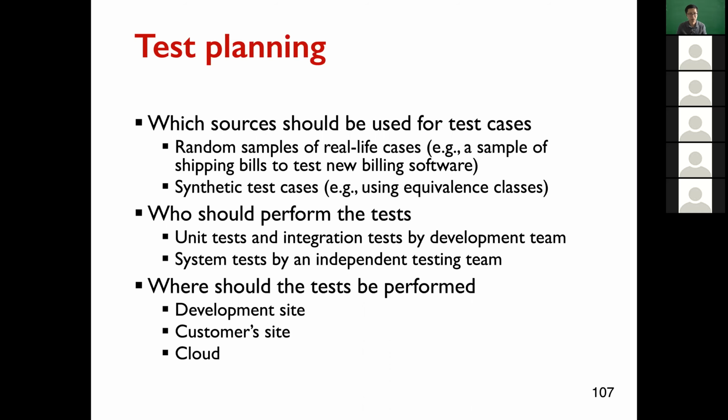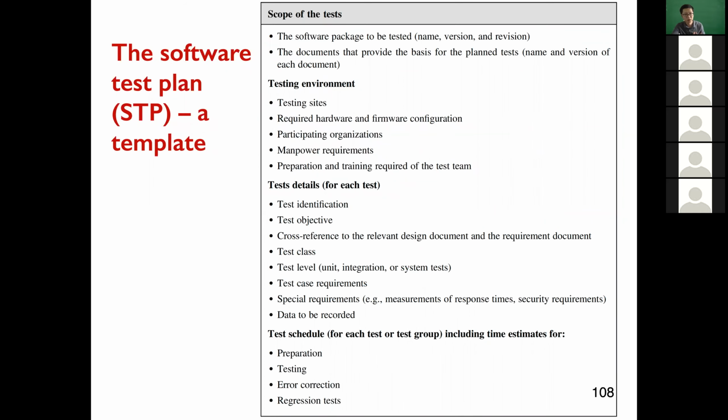So this is about test planning. After test planning, we have a document called the software test plan, or STP. This is a template for STP. Basically, in this STP, we document the plan details. I don't want to go into the details of the plan, so you can check it on the slides later.